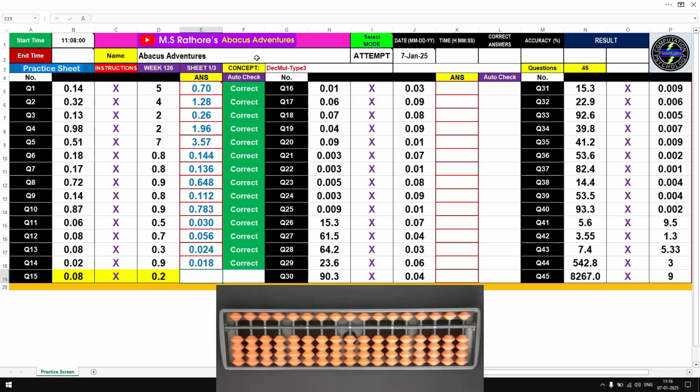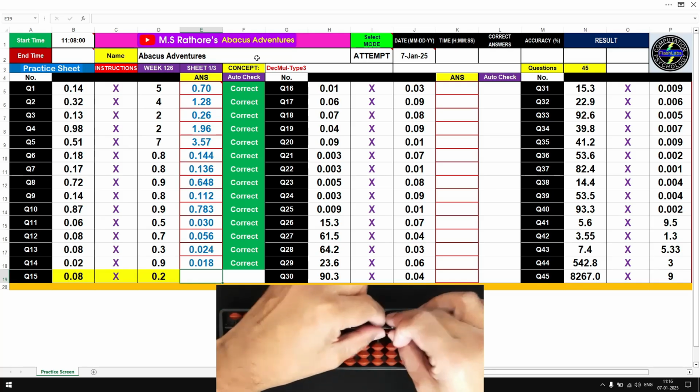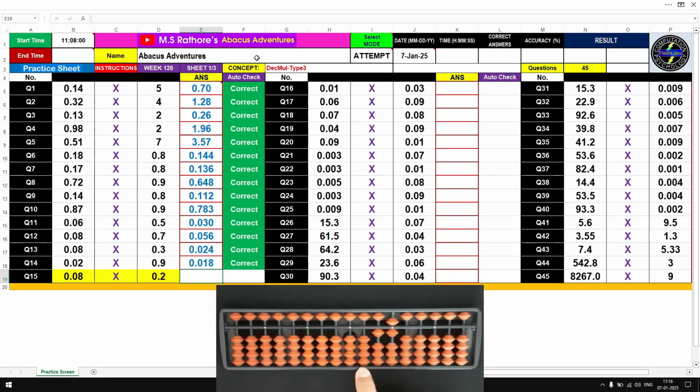Question number 15, 0.08 multiplied by 0.2, rod number -1 to begin with. 2 8s are 16 and the answer is 0.016.